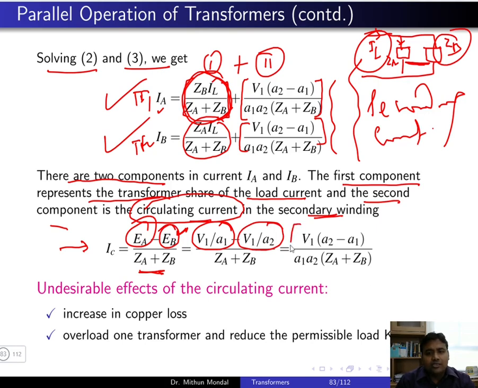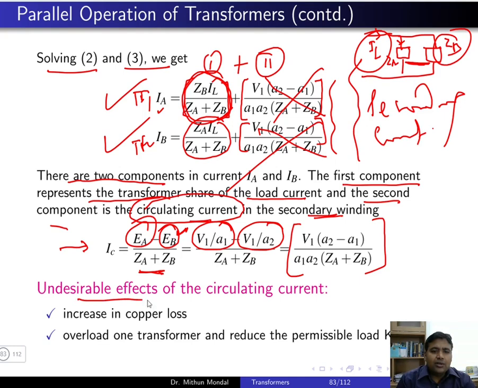So this equation can be written. Obviously we don't want this circulating current. Circulating current should not be there in the transformer, and the combination of IA and IB should be there to satisfy the load requirement.